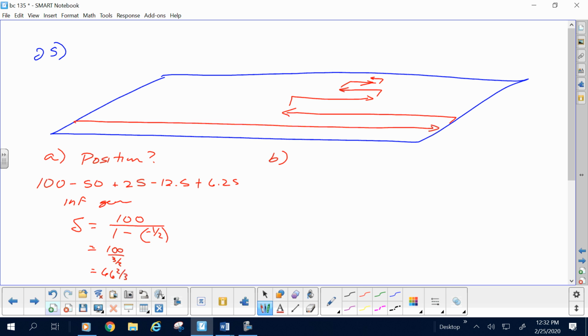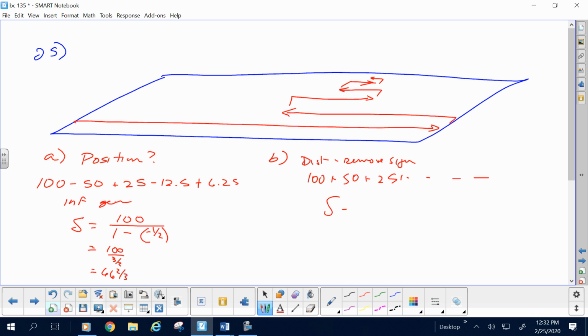Yeah. Okay, now when they say distance, do I care about direction? No. So I want to remove the sign, yeah? Yeah. Distance, you remove sign. So it would be 100 plus 50 plus 25 plus and so on. Is that a converging geometric series?